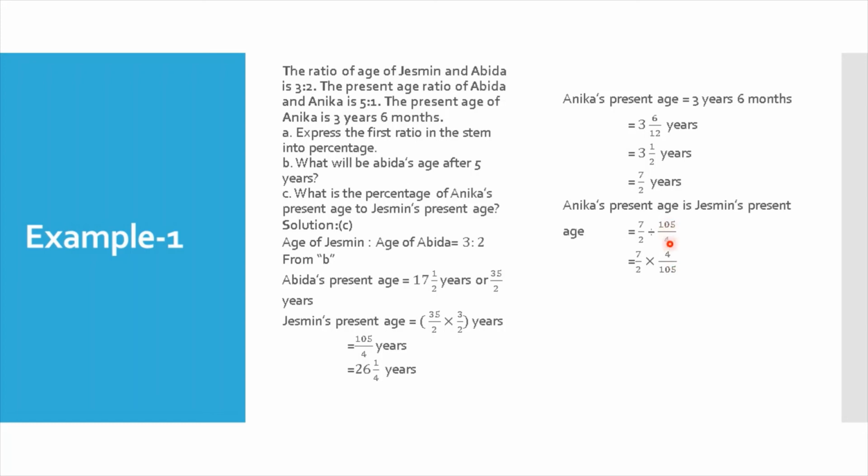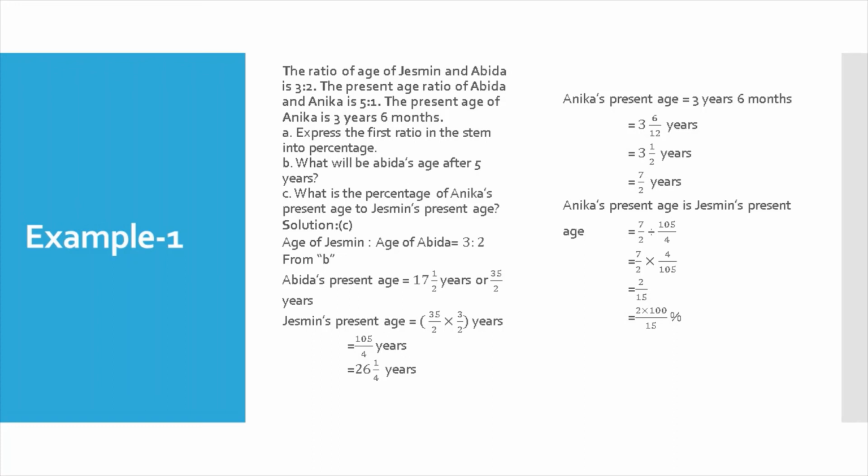So the subsequent will be in the antecedent and the antecedent will be in the subsequent, as you can see here. After that, if we reduce 2 divided by 4, that would be 2. 7, 105 divided by 7, that would be 15.